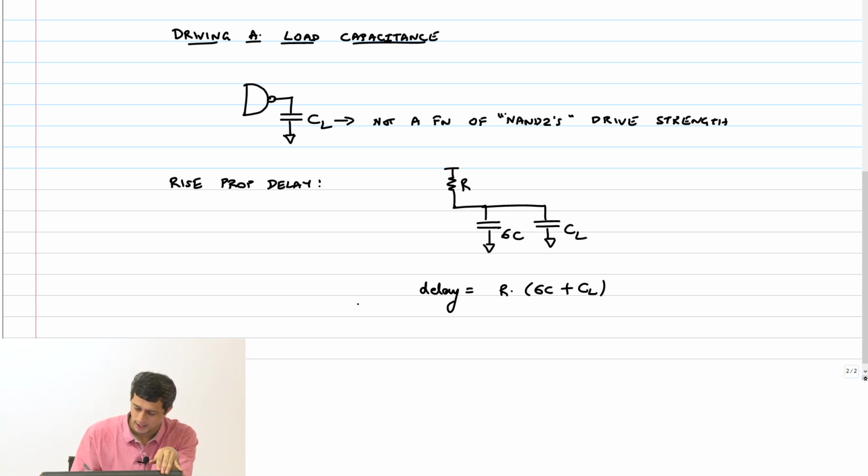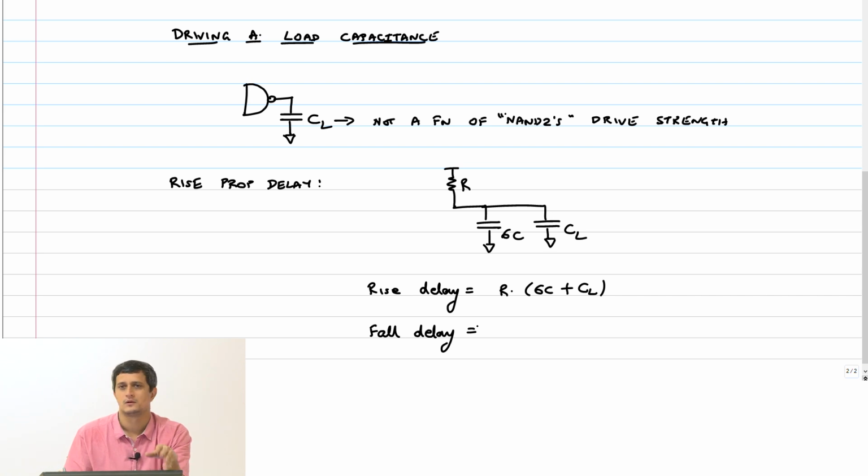Similarly, the fall delay will be how much? It could be the same thing, R into 6C plus CL, or it could be that other Elmore delay that you want to apply.